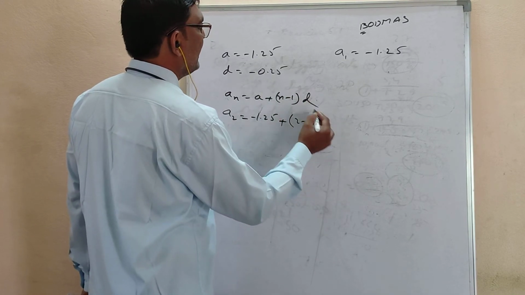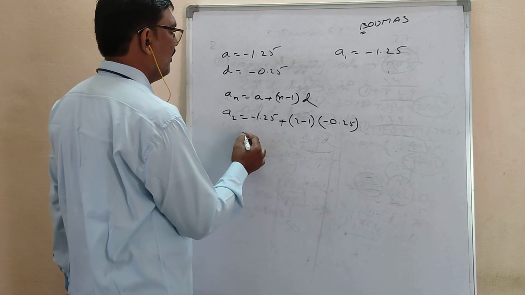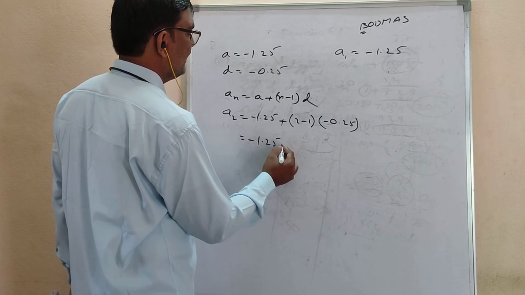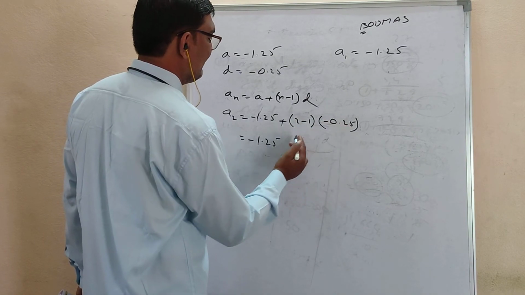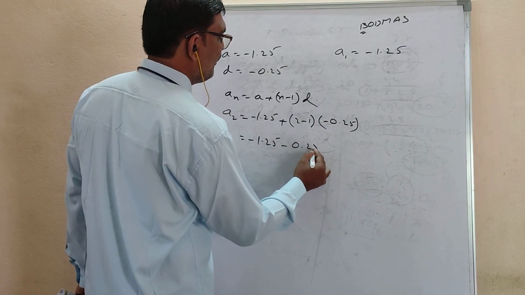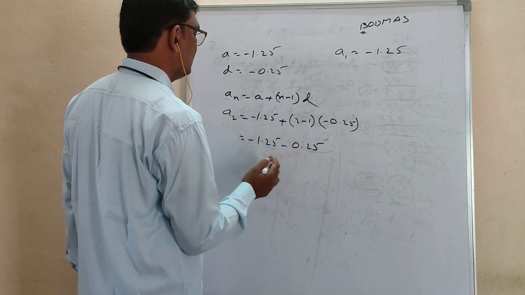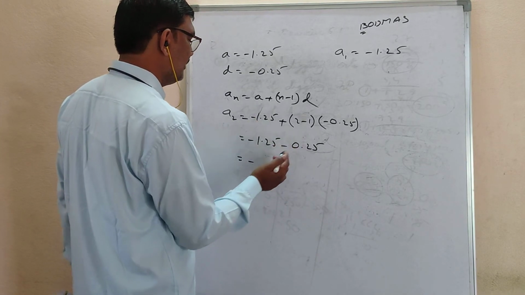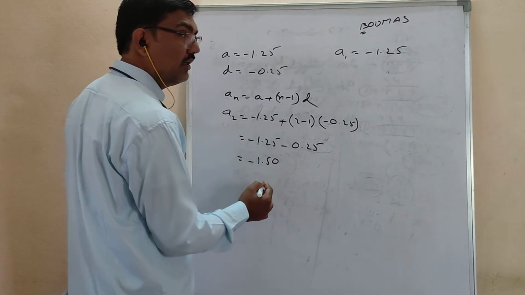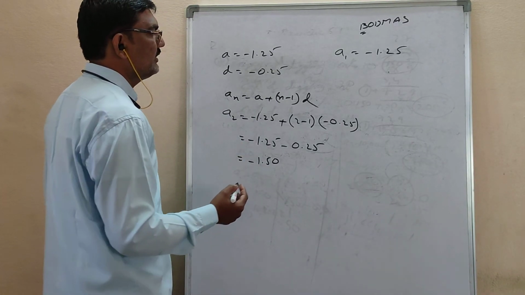D means minus 0.25. Now minus 1.25 same. 2 minus 1 is 1, 1 into this one, the same will come, minus 0.25. Why did I write minus? Plus into minus is minus. Both are minus, so keep minus and add these two. If you add, you get 1.50. So A2 is minus 1.50.